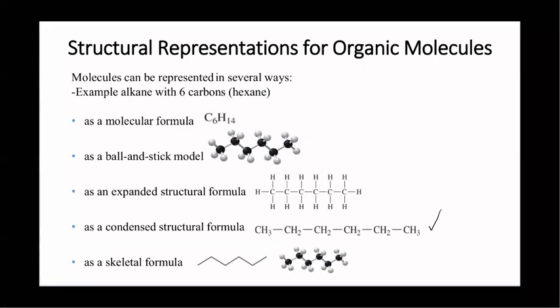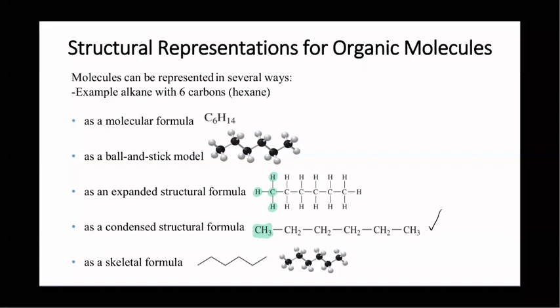So for example, if we look at the molecule here from the Lewis structure and compare it to the condensed structure, and I'm going to use my highlighter to look specifically at the atoms, this carbon atom is connected to 1, 2, 3 hydrogens. That's why it's a CH3.